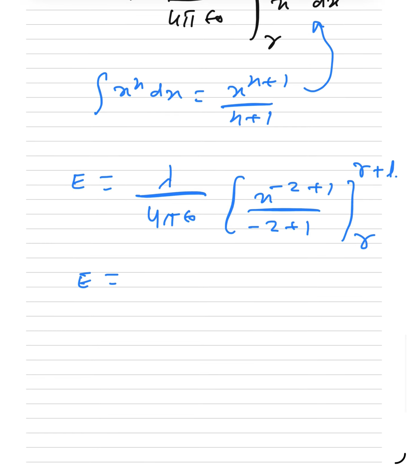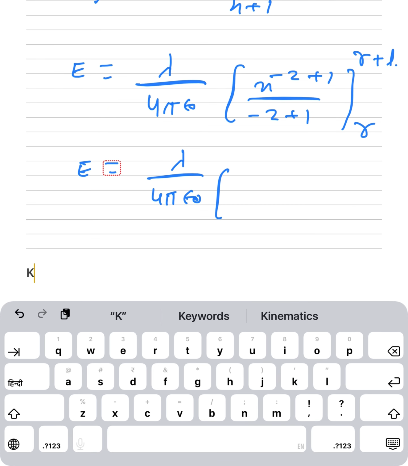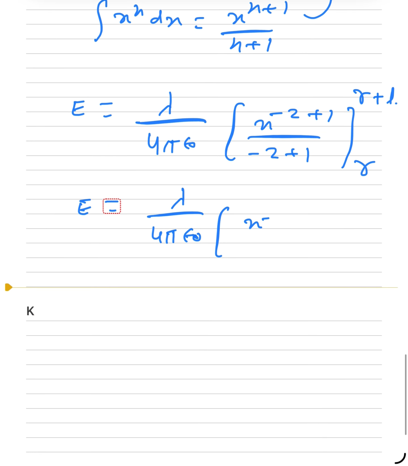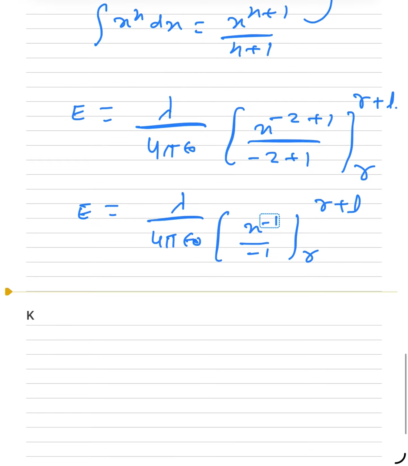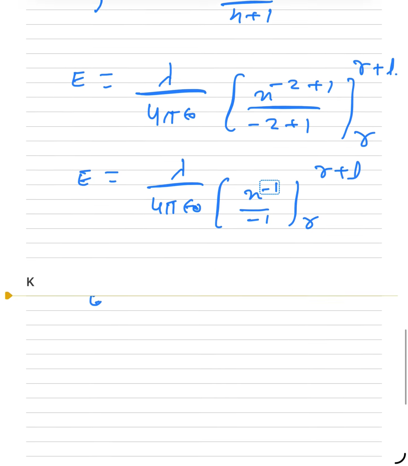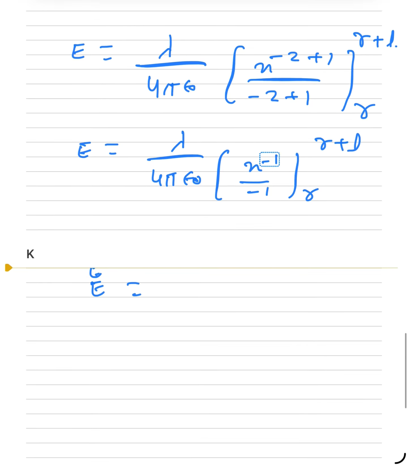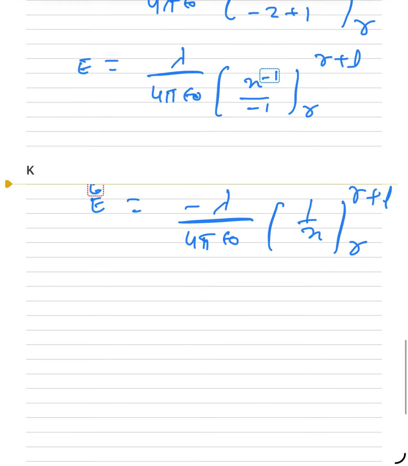So E equals lambda divided by 4 pi epsilon naught times x power minus 1 divided by minus 1 from r to r plus l, upper limit and lower limit. E equals minus lambda divided by 4 pi epsilon naught times 1 by x, from r to r plus l.